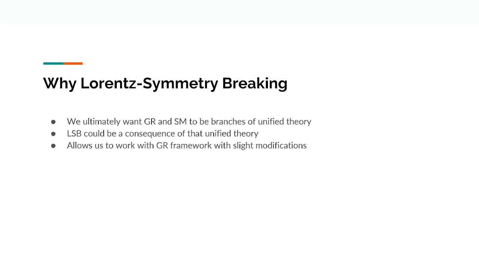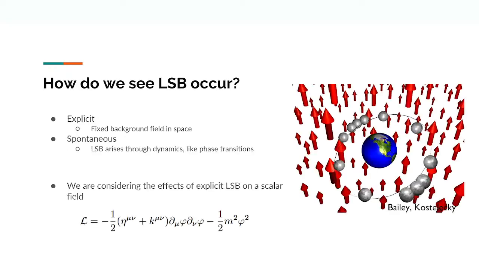We expect that they are branches of some unified theory, and that Lorentz symmetry breaking could be an effect of that unified theory when we go down to special relativity. And then this also allows us to work with the framework of relativity, which we want because it still is a successful theory. So how do we see Lorentz symmetry breaking?